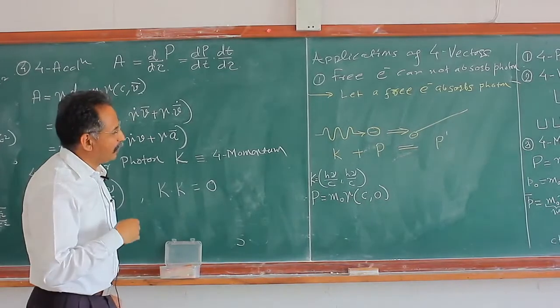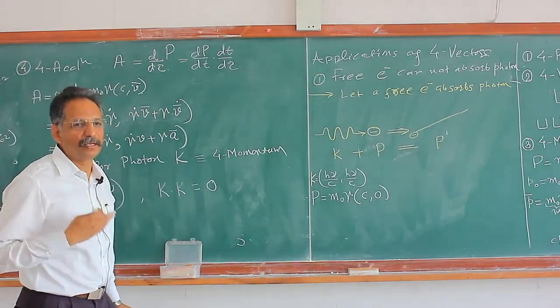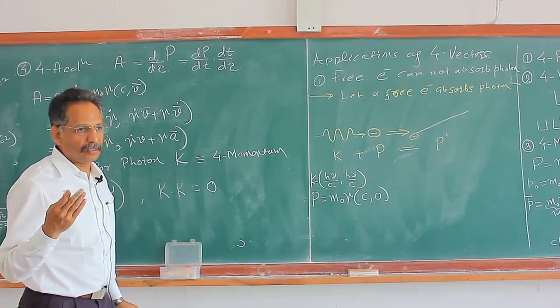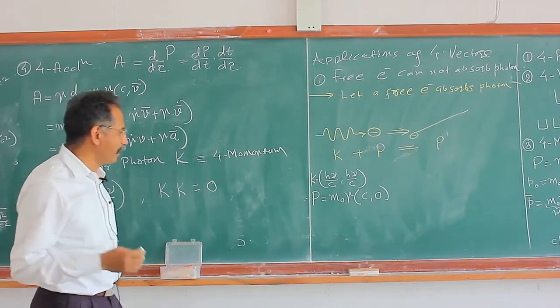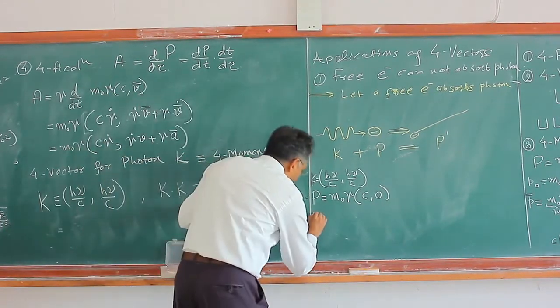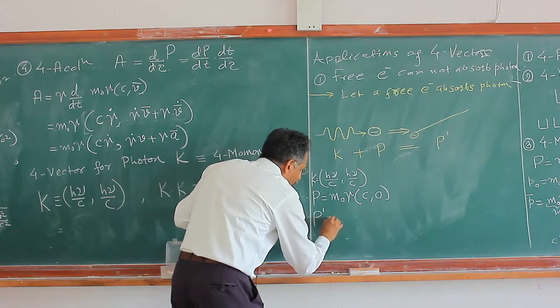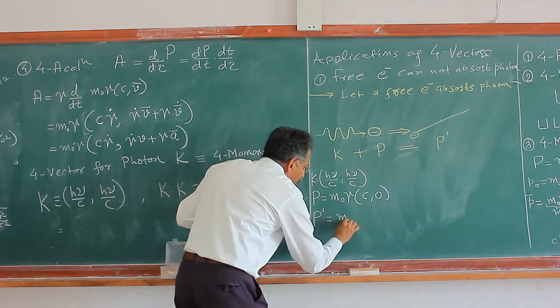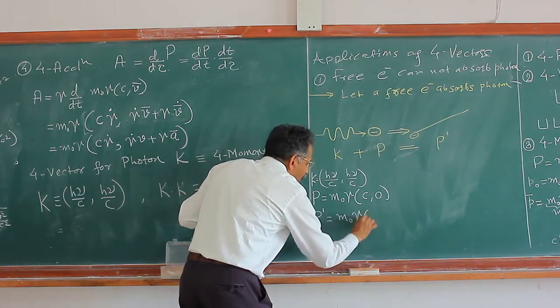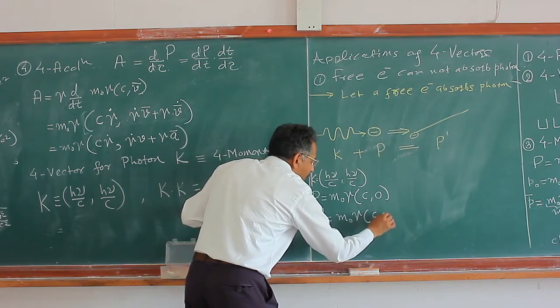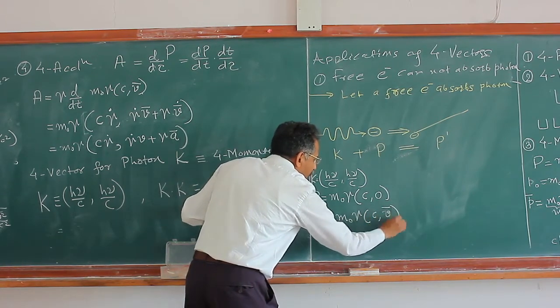Then the electron which has absorbed the photon is moving with some velocity and will have some momentum. So P dash can be written as m0 gamma inside bracket C, comma V bar.